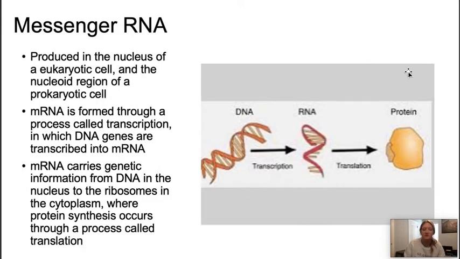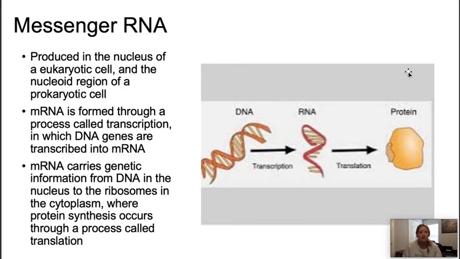So the first is that messenger RNA. This is produced in the nucleus of a eukaryotic cell and the nucleoid region of a prokaryotic cell. So mRNA is formed through a process called transcription, in which DNA genes are transcribed into mRNA. So mRNA comes directly from DNA.